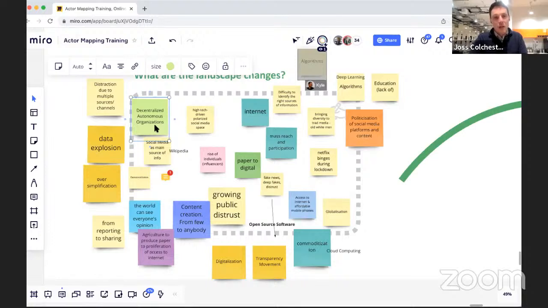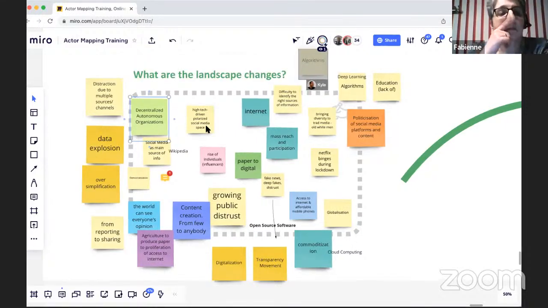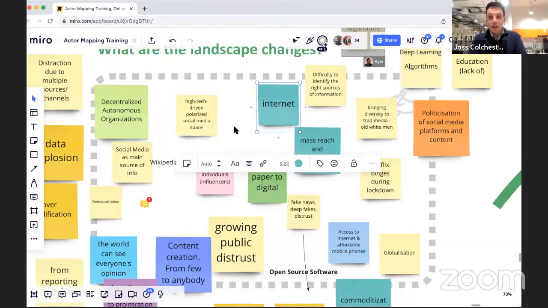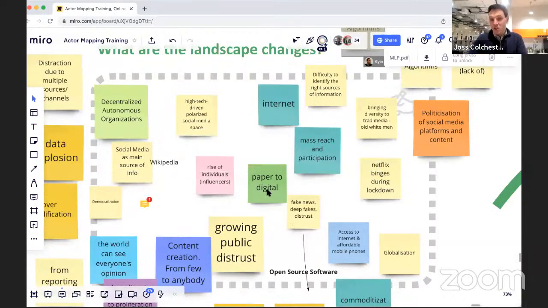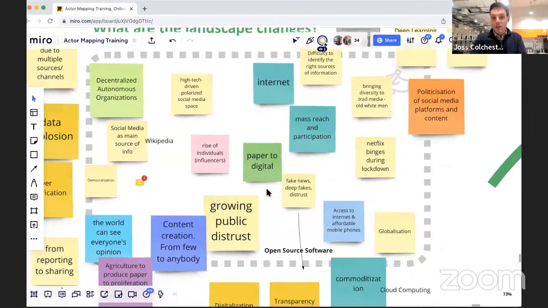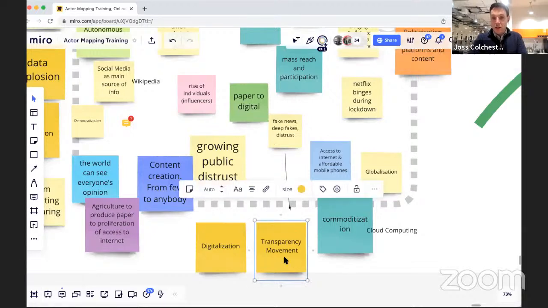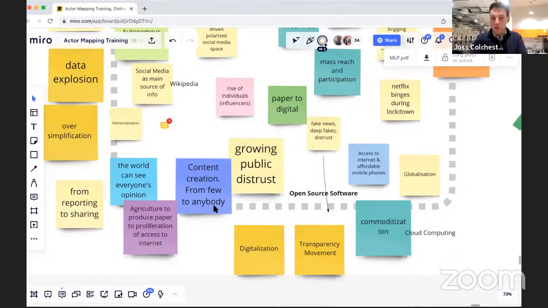Okay, decentralized autonomous organizations, social media as a main source of information. Yep, high-tech driven polarized social media space, internet, definitely. Paper to digital, yeah, big transformation. Growing public distrust. Yeah, there's a cultural aspect, social, psychological, cultural aspect, digitization, transparency, movement, content creation from few to anyone.